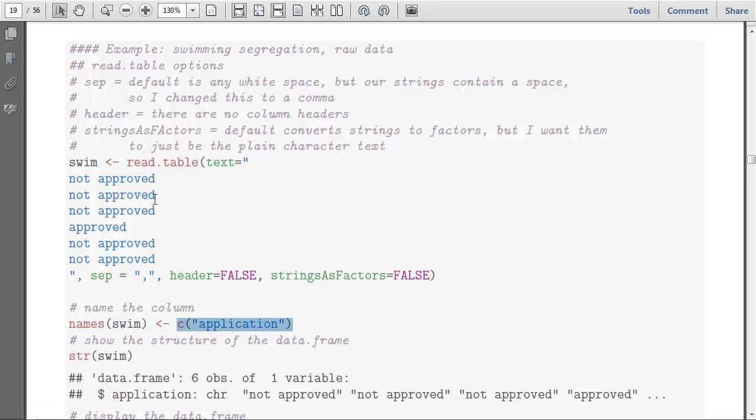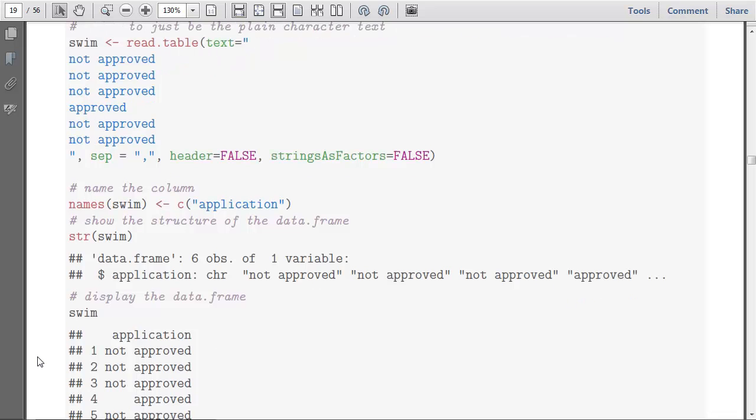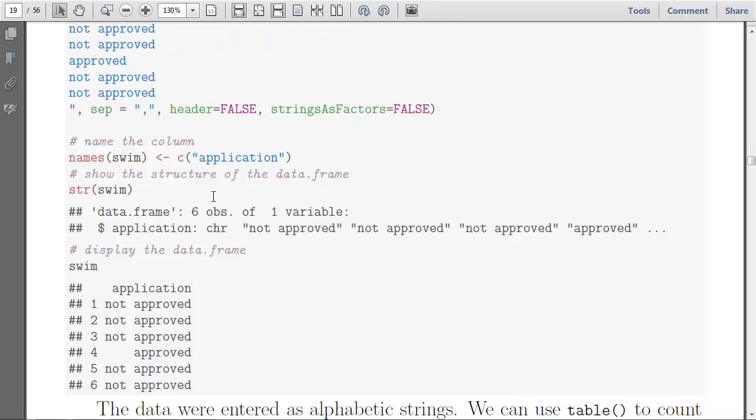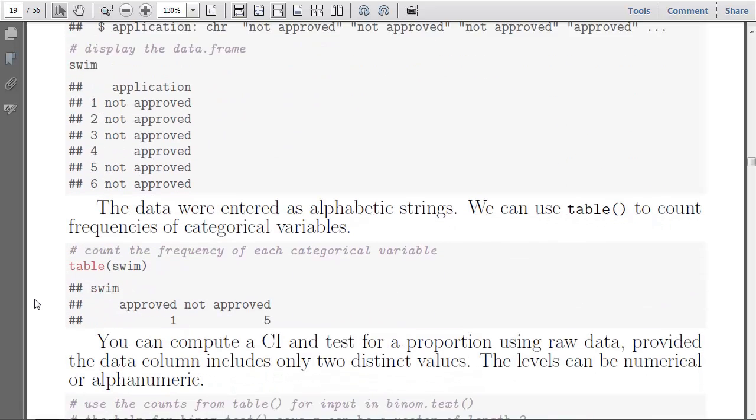So you put in the application, it was either approved or not approved. And the structure of this data set is text. So there's one column called application, and it is a character string, and these are the values: not approved, not approved, not approved, approved, and so on. And when you display the data frame, it looks just like the original data above.